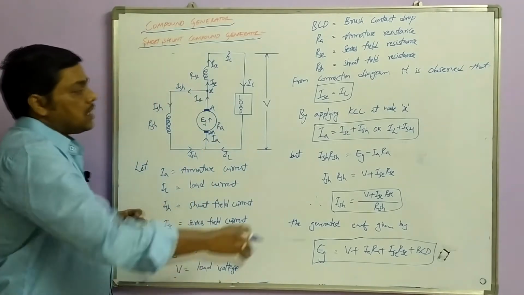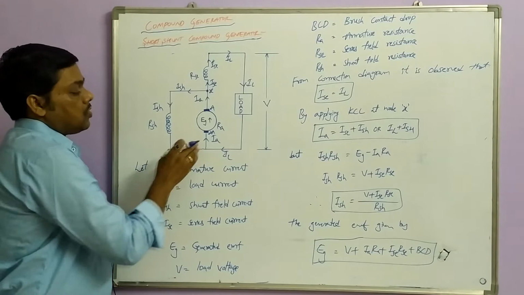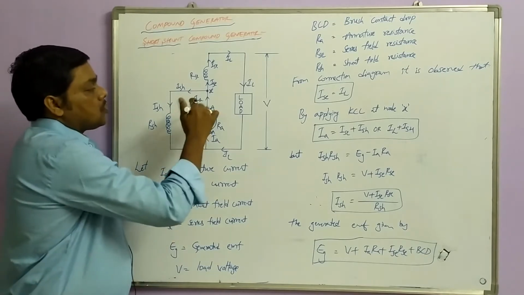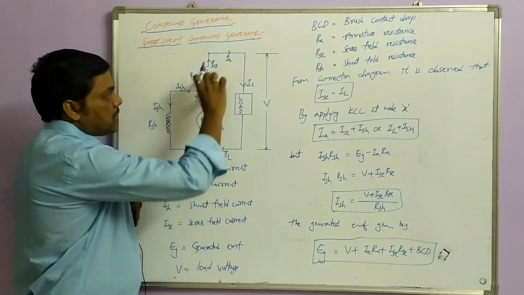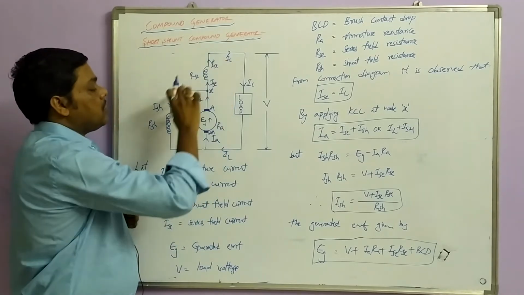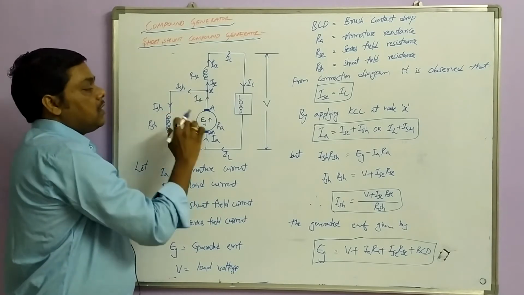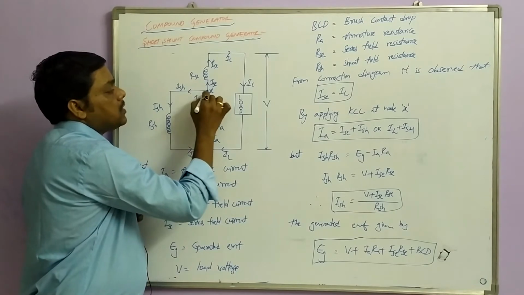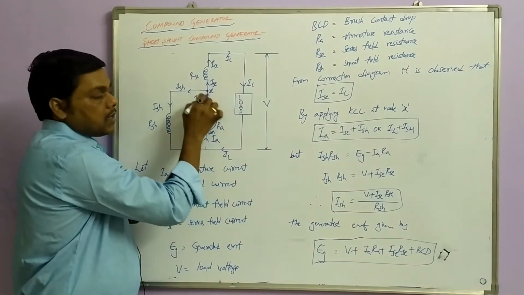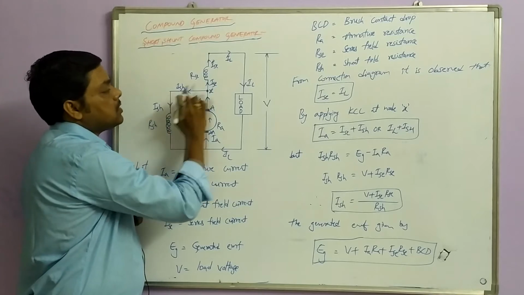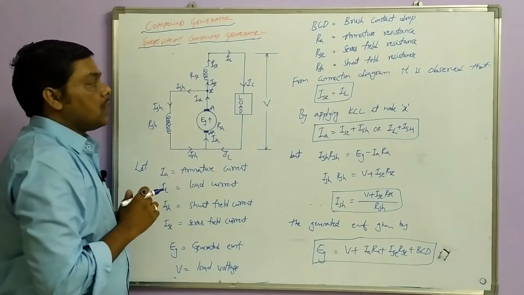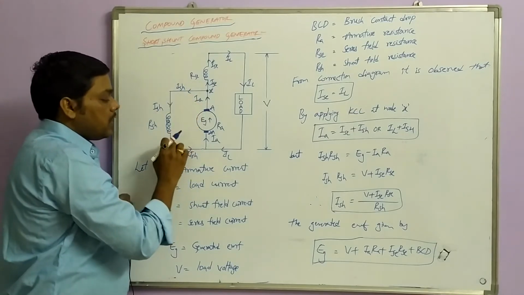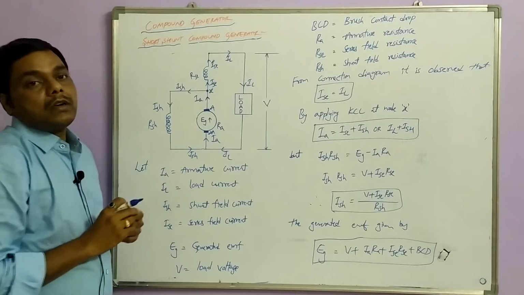And see the connection diagram of the short shunt compound generator. Now what you observe from here: the armature is connected in series with the series winding but in parallel with the shunt winding. Now the current delivered from the armature is IA, and once it reaches this node X, it is divided into ISH and ISC. ISH is nothing but the shunt field current. It flows to the shunt field winding and returns back to the armature.